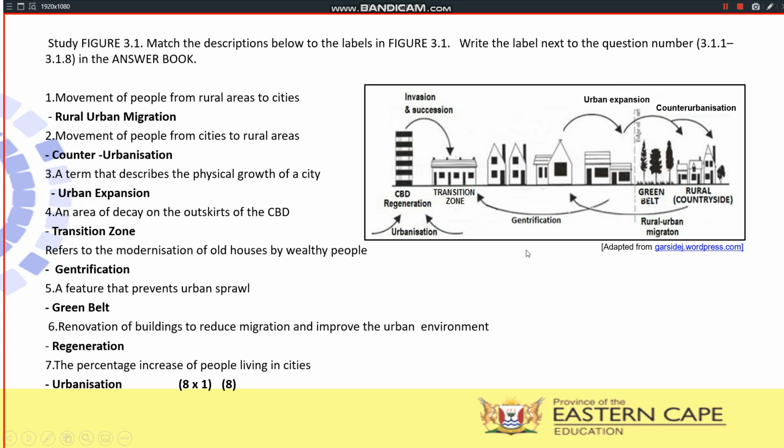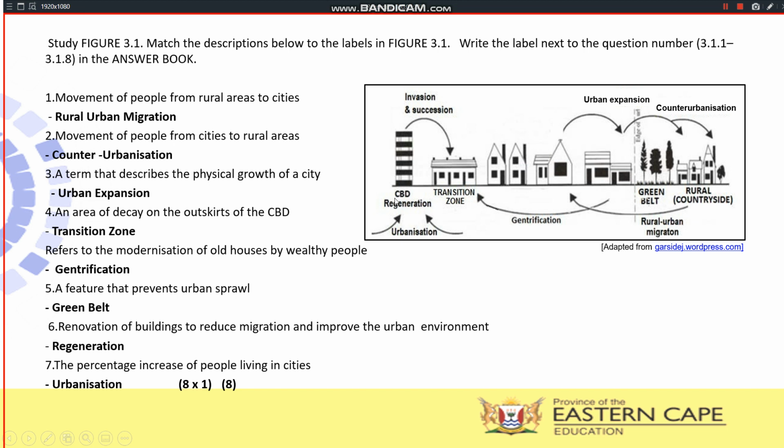In other words, when people renovate their buildings over here, they reduce migration. So what do we call that? We call that regeneration, right? You find it over here. In other words, they improve the buildings and prevent people from moving out of the urban area. So they improve the urban environment to keep people there.